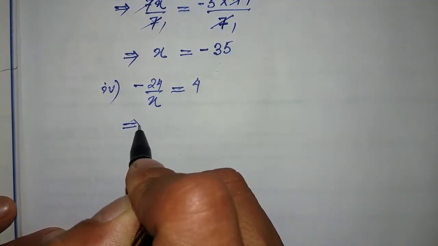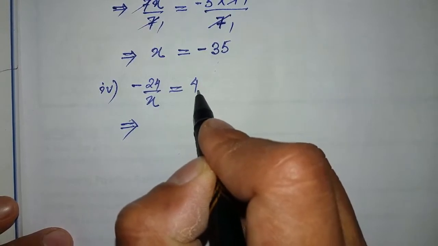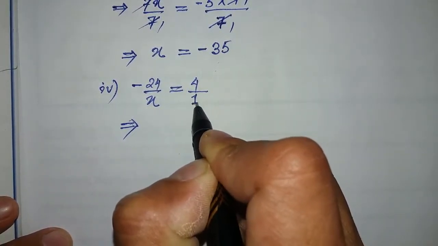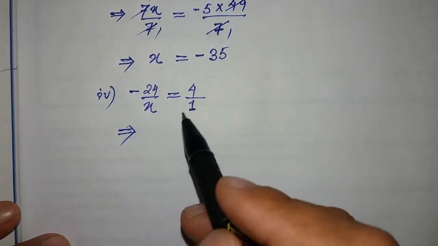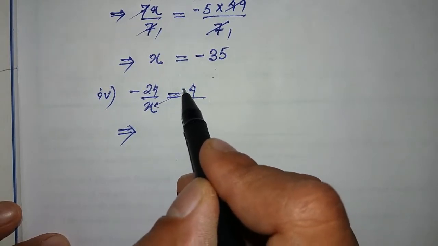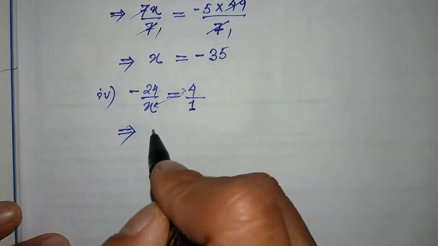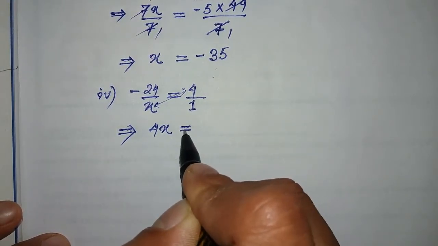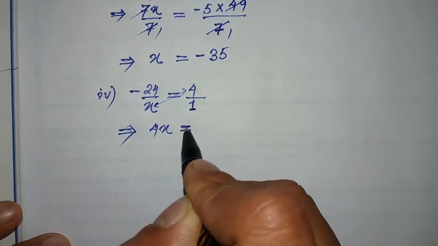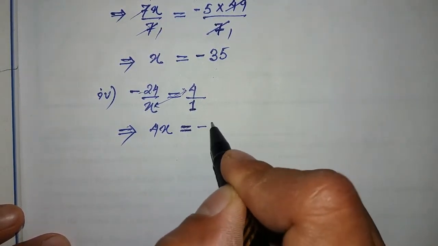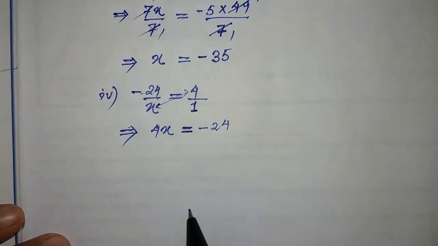Now here in the denominator nothing is there, so we're going to take it as 1. So now x is here, so we will cross multiply these two first. So x into 4 is 4x, and then equal to, don't forget to write this equal to here. Now minus 24 into 1 is minus 24.